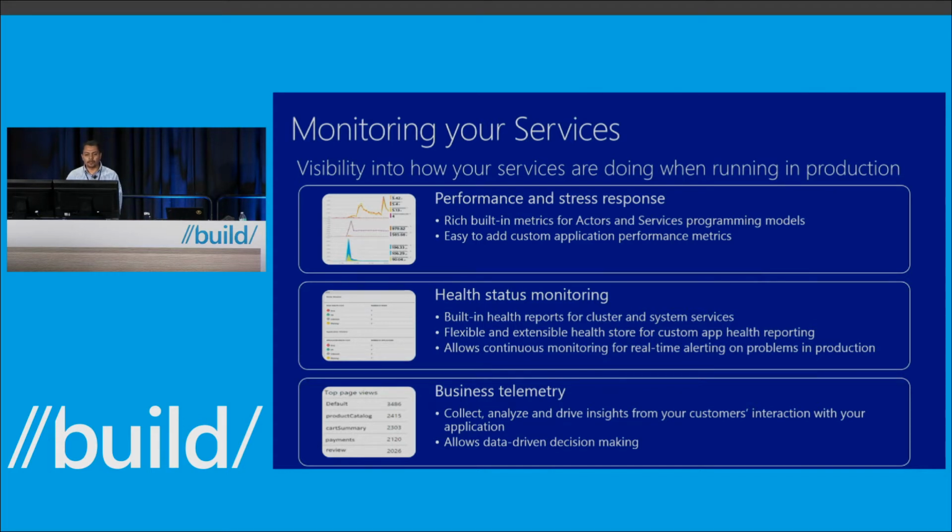For performance monitoring, we emit detailed platform metrics for both the programming models, the programming models which Mark and Vipul talked about. You can combine them with your own custom metrics to understand how your application is handling spikes and surges of customer load, figure out the slowest API calls, and tweak your code.